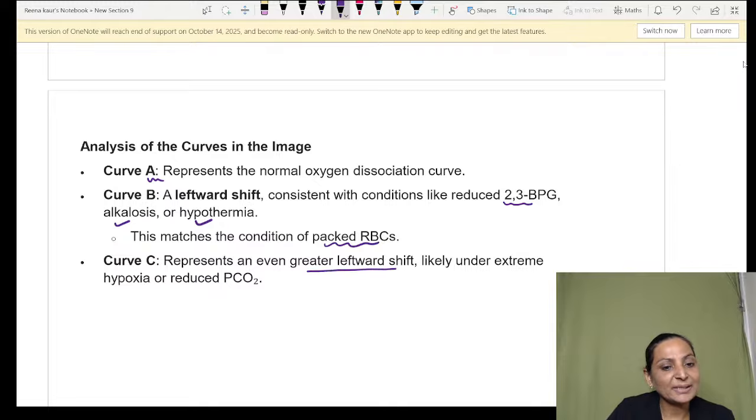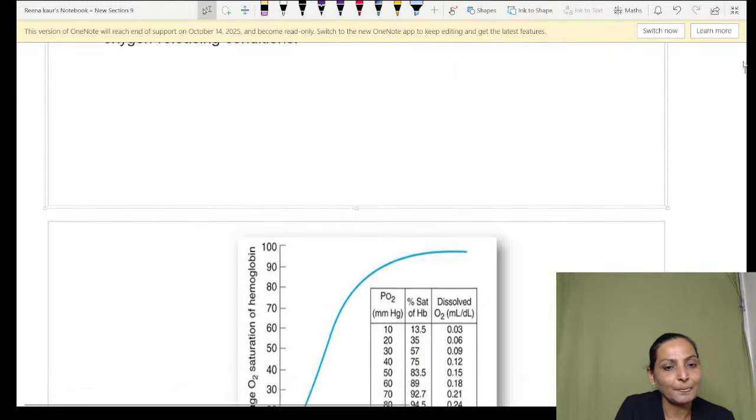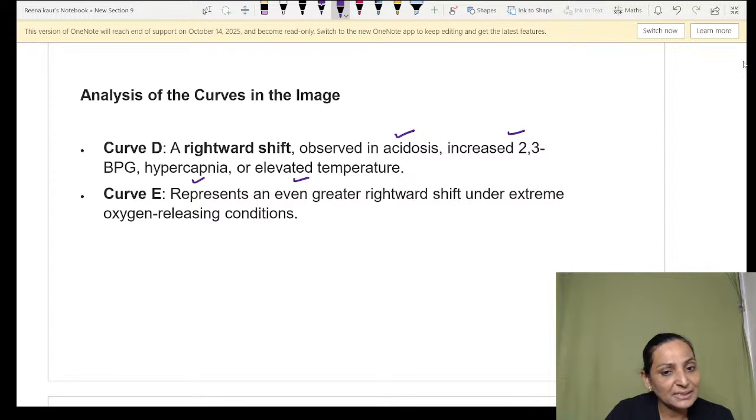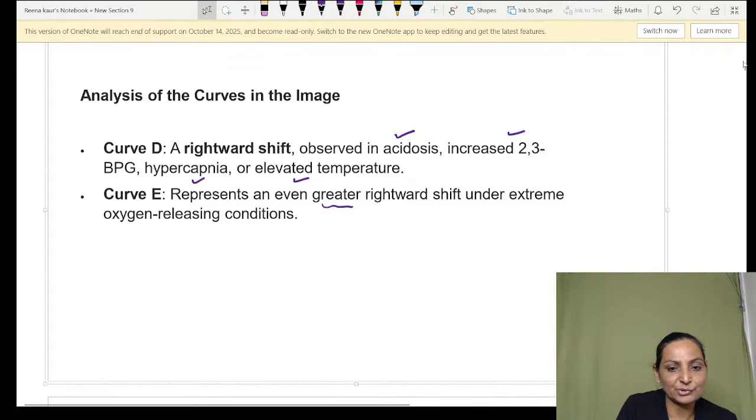This can be seen with extreme hypoxia or an extreme decline in PCO2 levels. Right shift of the curve occurs with acidosis, increase in 2,3 DPG levels, increase in carbon dioxide or temperature. And curve E is an extreme rightward shift.